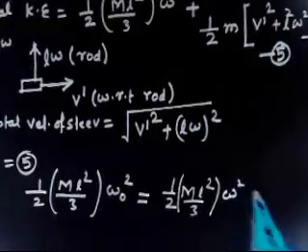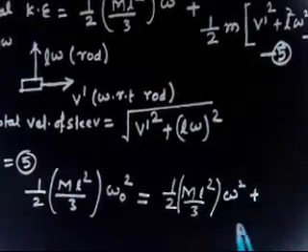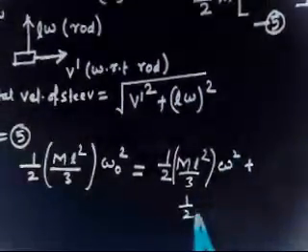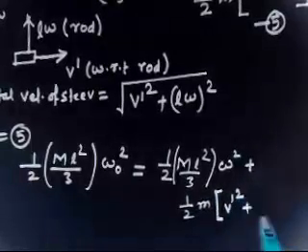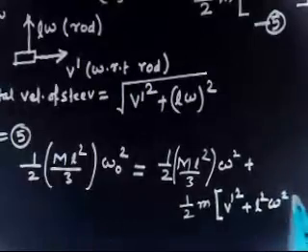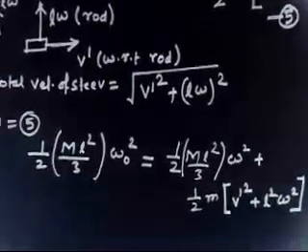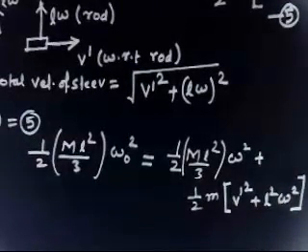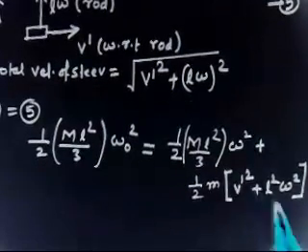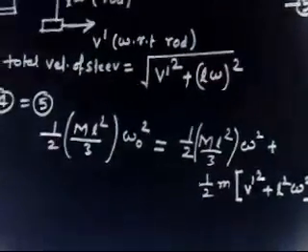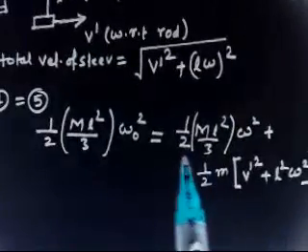Omega square plus half m into v dash whole square plus L square omega square. Now the half you can cancel out throughout, and take omega from one side, and you can also cancel if you want.